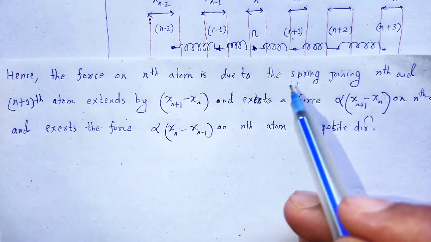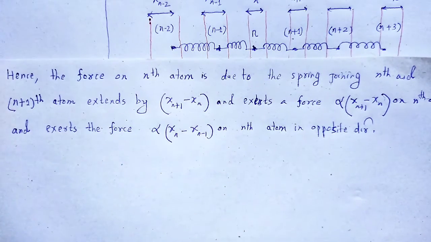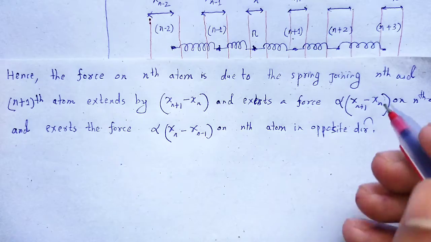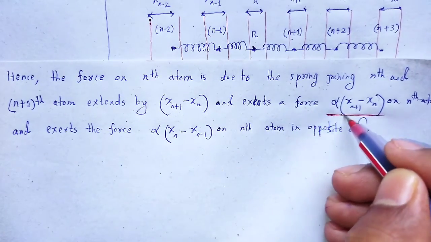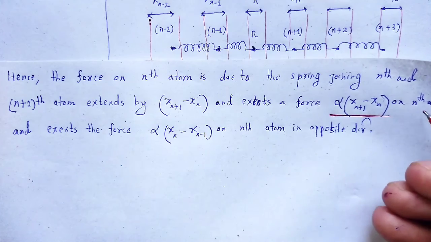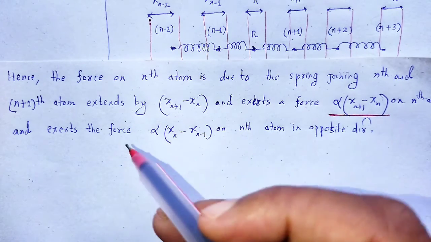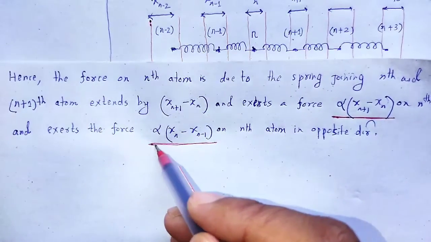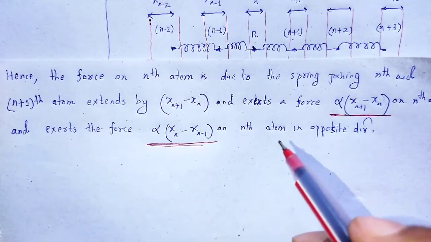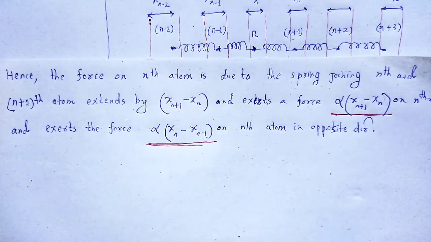So, one force is applied, that is alpha into x n plus 1 minus x n on the nth atom. Another force is also applied on the particular nth atom in the opposite direction.